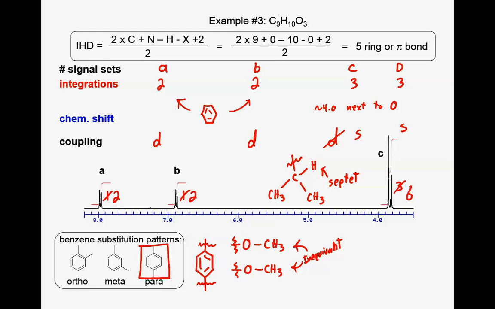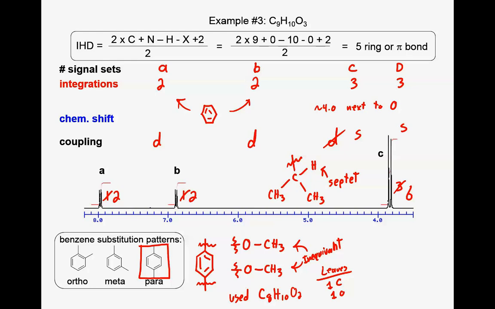All right, so what have we used? We've used 6, 7, 8 carbons, so that's C8. We've used 4, 7, 10 hydrogens, and we've used 2 oxygens, so that leaves 1 carbon, 1 oxygen.